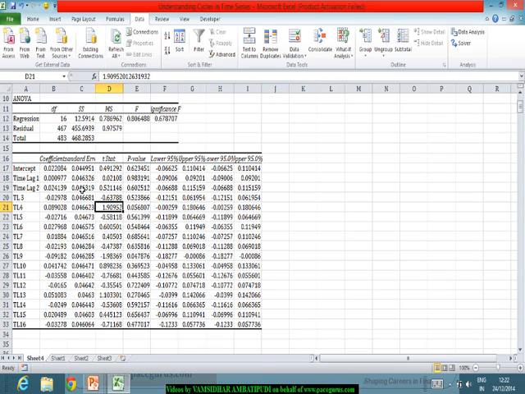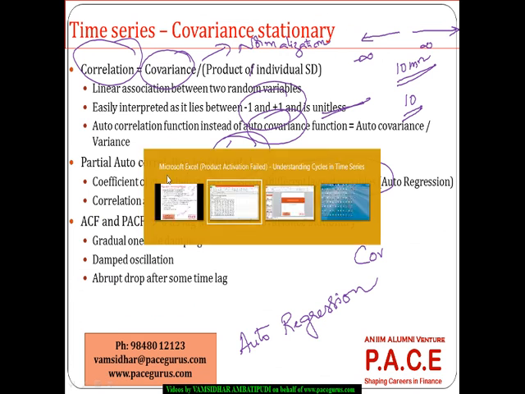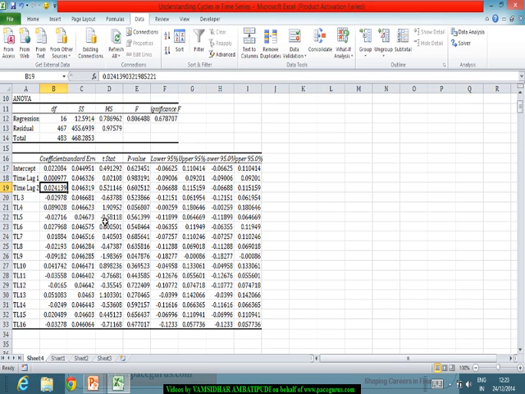Yes, so this is what is coming out: the intercept, time lag 1, time lag 2. I'm doing an autoregression considering the current yt as the dependent variable and yt minus 1, yt minus 2, and so on as the independent variables.